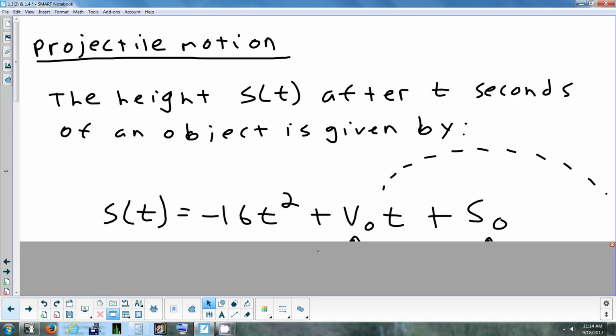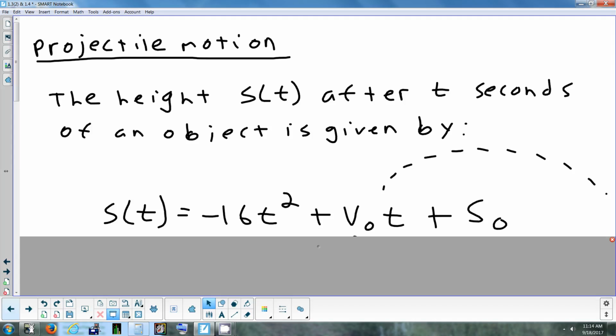So it says that the height of an object a certain amount of time after you throw it is given by this formula. Now, before I explain what these things are, if you're throwing an object, can anybody tell me one thing that would affect how high it goes? Yeah? The way you throw it, the angle.